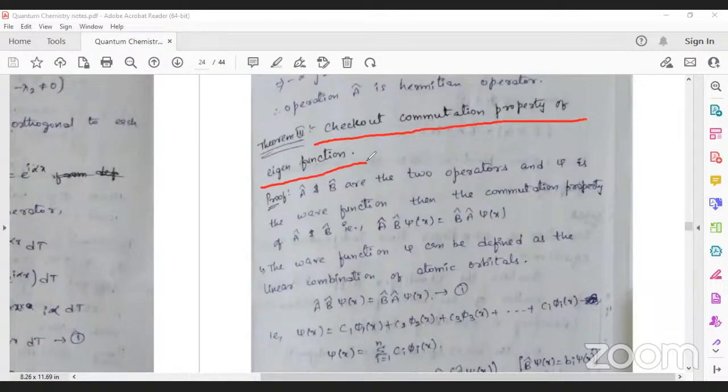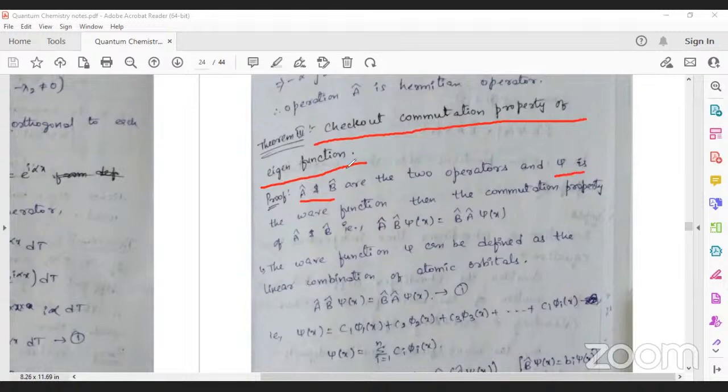Here we need to know the definition of the commutation property and the eigenfunction definition, right? So what is the eigenfunction, what is the eigen operator, and what is the commutation property, right? See, A and B are the operators and psi is the wave function.